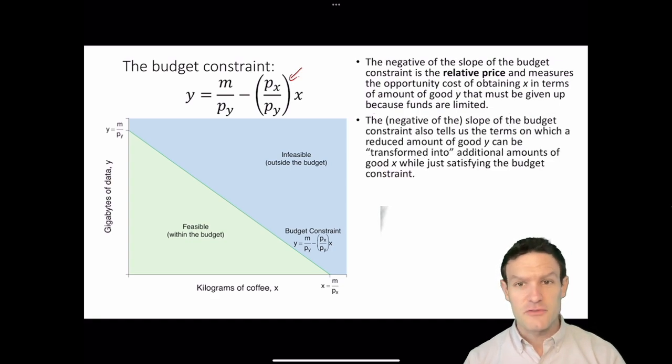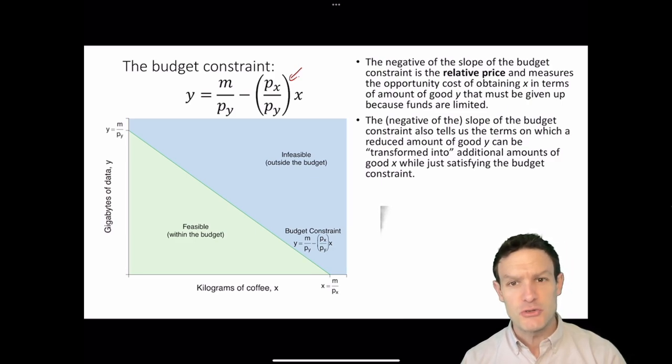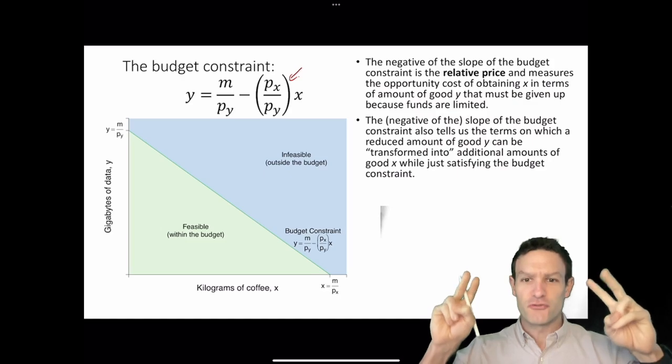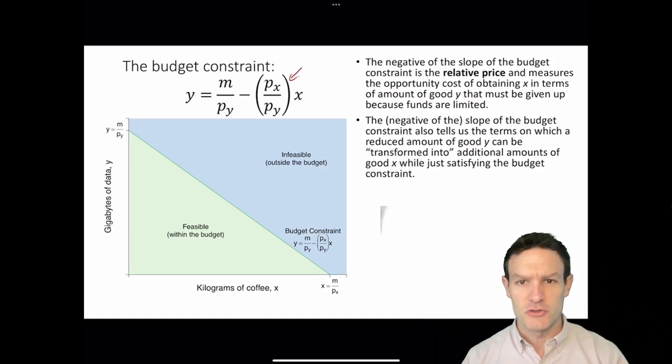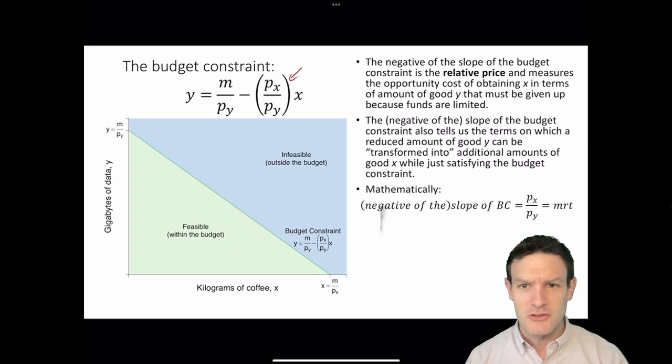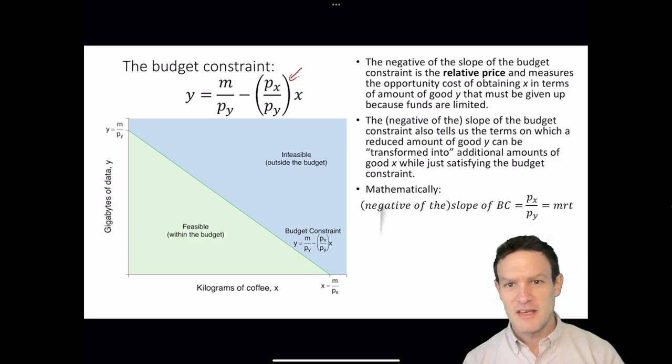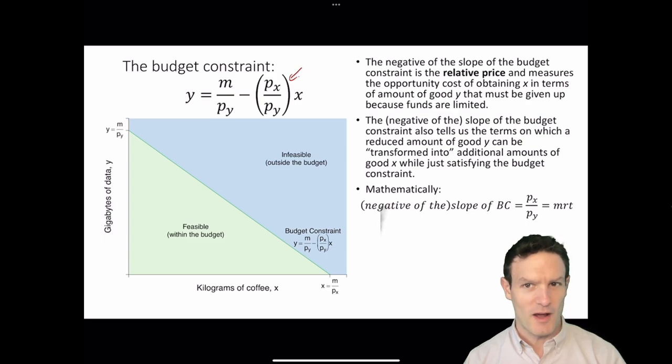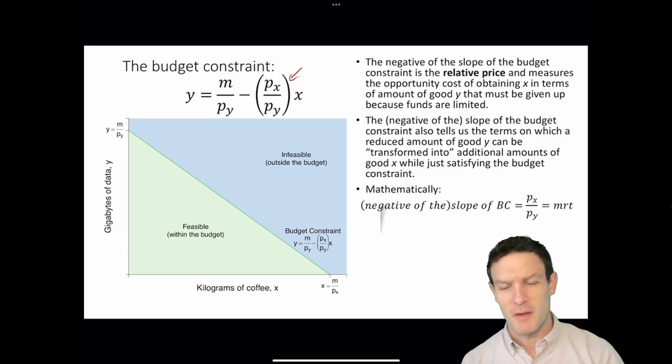Now, the negative of the slope of the budget constraint also tells us the terms on which a reduced amount of good Y can be transformed into additional units of good X while satisfying the budget constraint equation. So what is that about? Mathematically, the negative of the slope of the budget constraint equals the price ratio Px over Py, and that's the marginal rate of transformation.